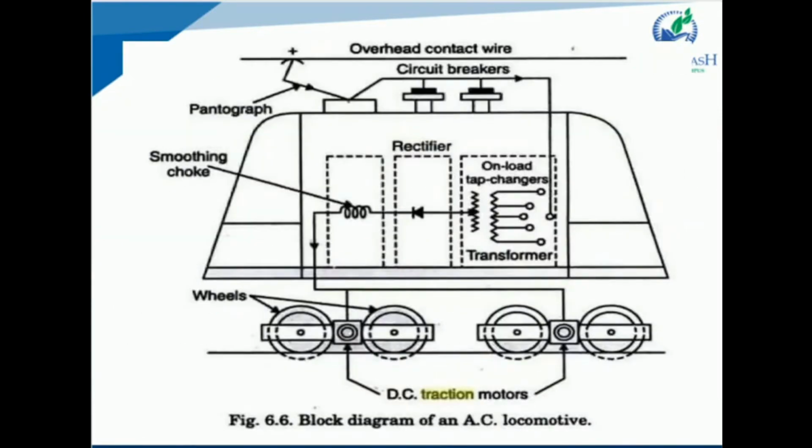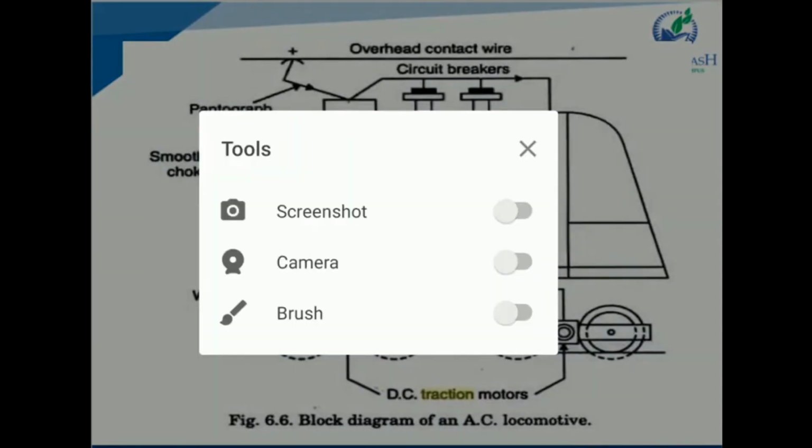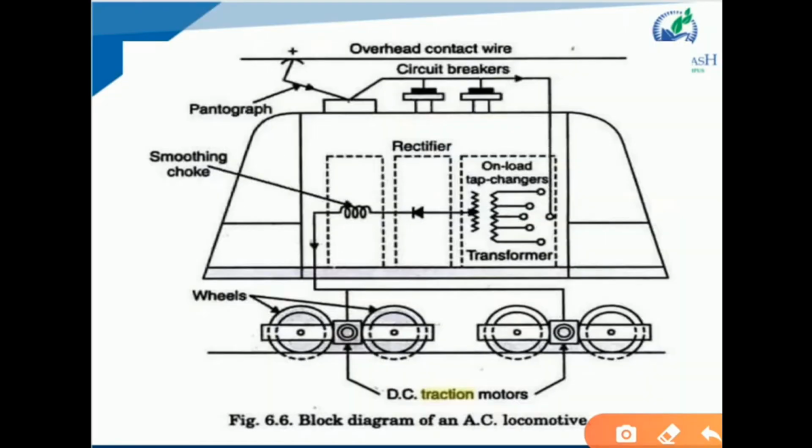This is the block diagram of an AC locomotive. This is the overhead conductor wire, then it is given to the pantograph.